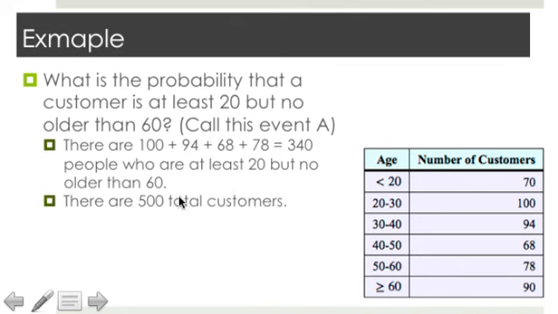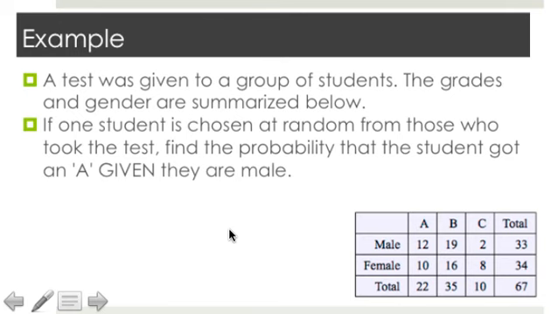On the other hand, there are a total of 500 customers in the batch. So if you were to add up all of these numbers right here on the left side, you would get a total of 500. So if you were to throw all of these customers, so to speak, into a big bag, jumble them around and randomly select one of them, then the probability that a person would be between 20 and 60, which we call event A, is 340 over 500, or 0.68.